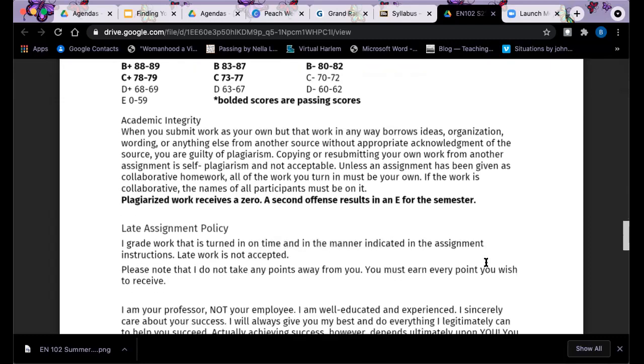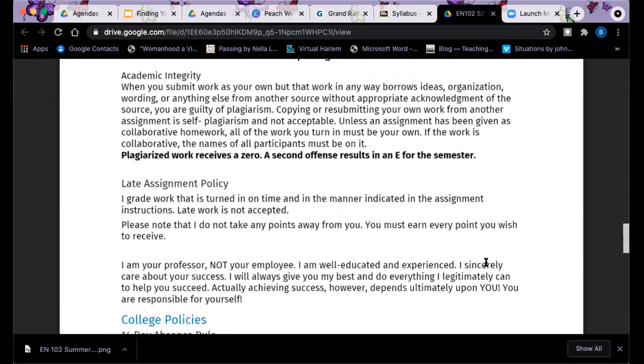Our academic integrity policy is really important, and we take it very seriously in the English department. When you submit work as your own, but that work in any way borrows ideas, organization, wording, or anything else from another source without appropriate acknowledgement of the source, you are guilty of plagiarism.